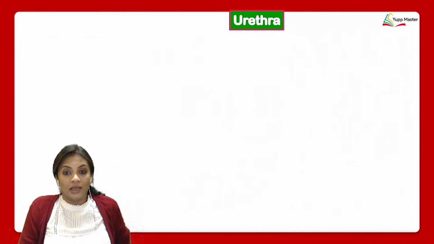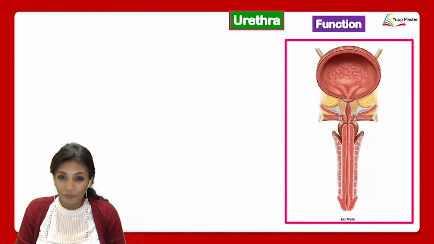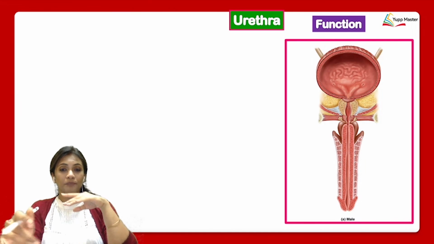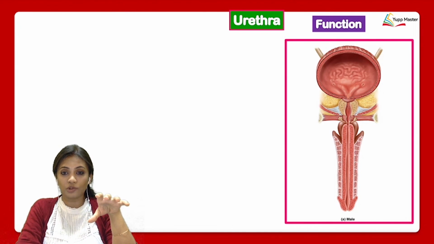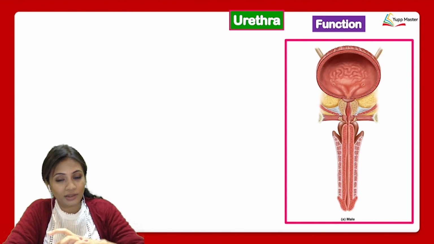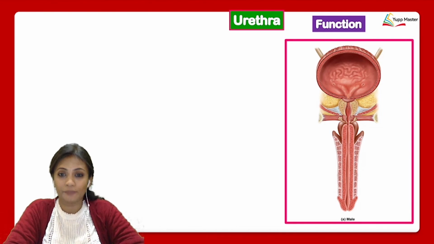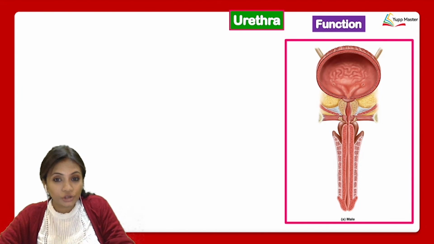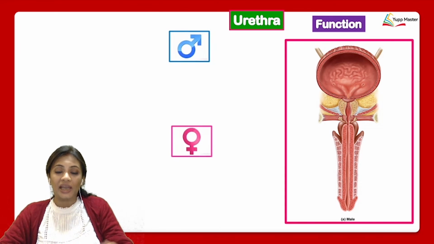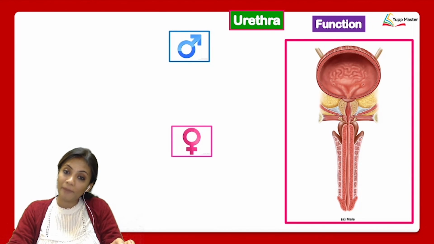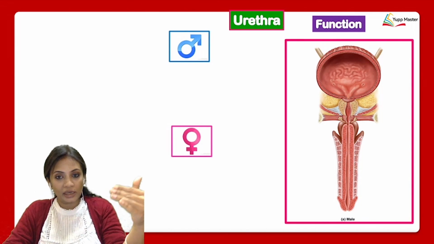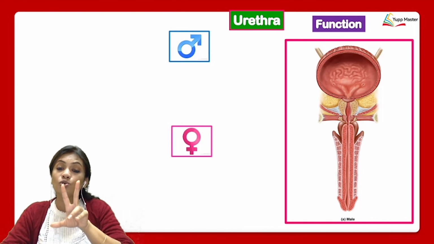So that was all about the urethra. Remember, the urethra in males is around 20 centimeters, and in females around 4 centimeters. The functions also are different. In males, because it passes through that male copulatory organ, it has to do two functions.